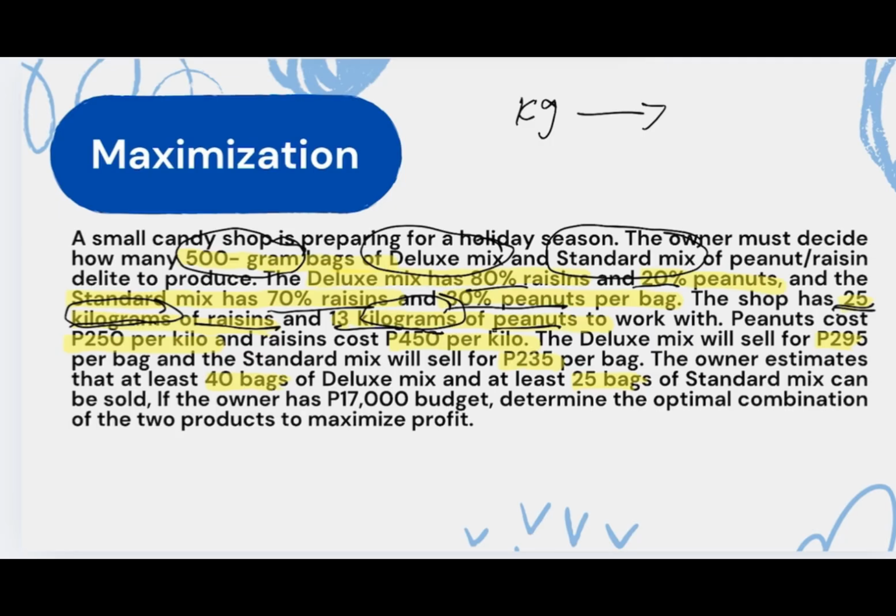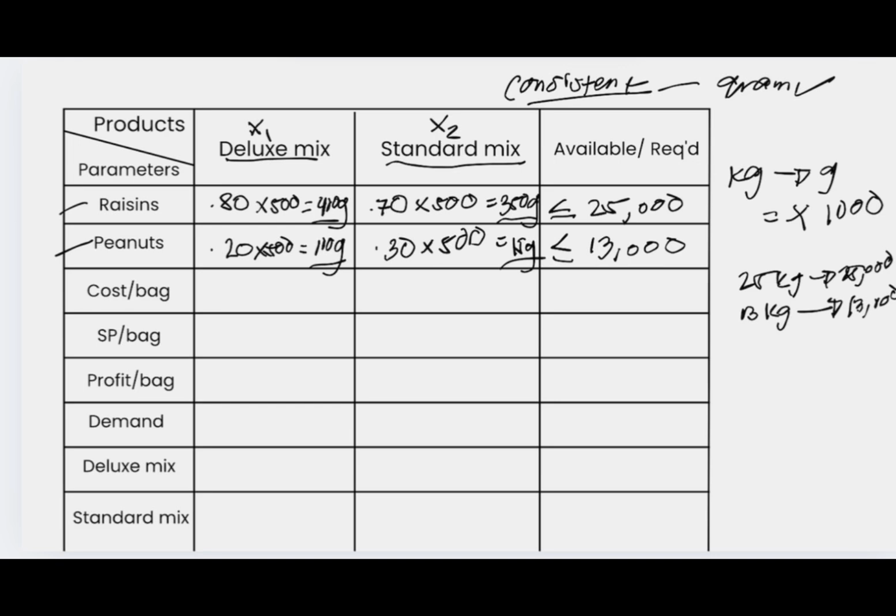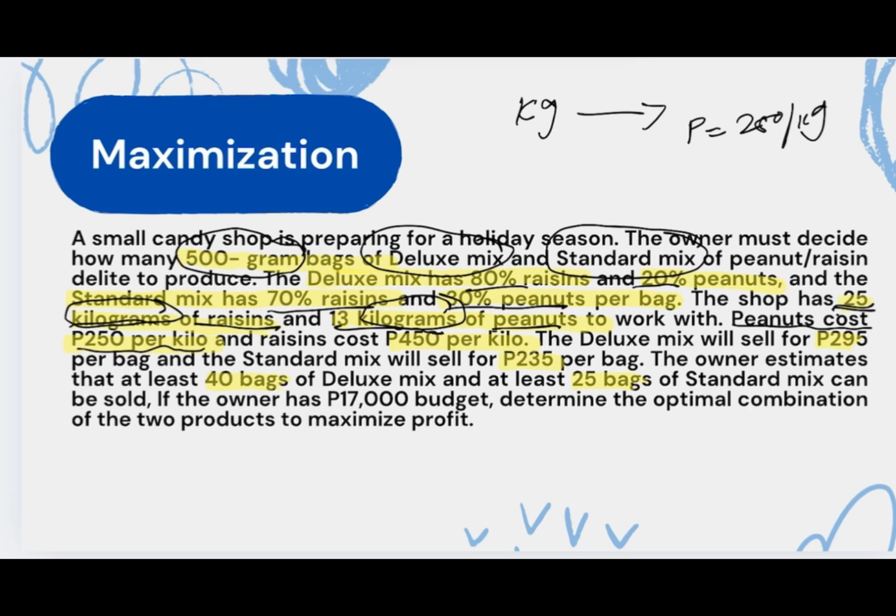And next, the problem says peanuts cost 250 per kilo. Let's remember, peanuts is 250 per kg, and raisins is 450 per kilo.